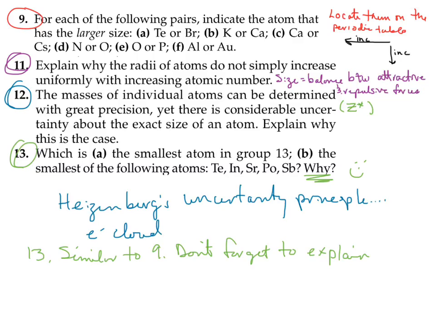Sb, Sn, Po, yeah. They are in the same period. I see strontium. They all look like they're in period 5 to me. So I think you'll be fine.